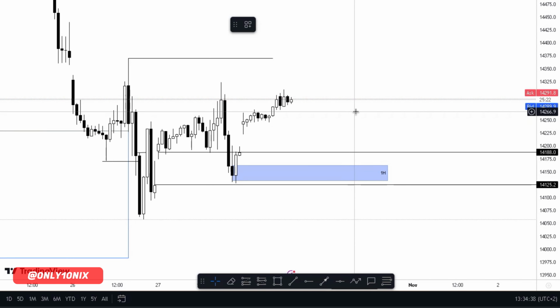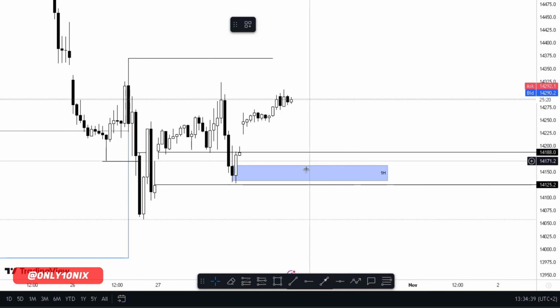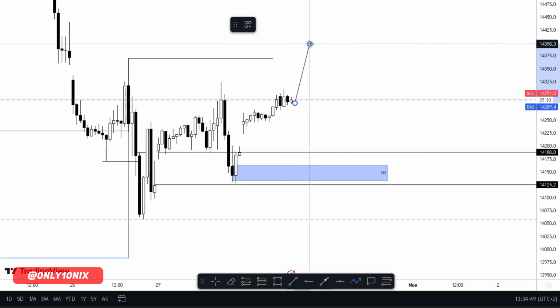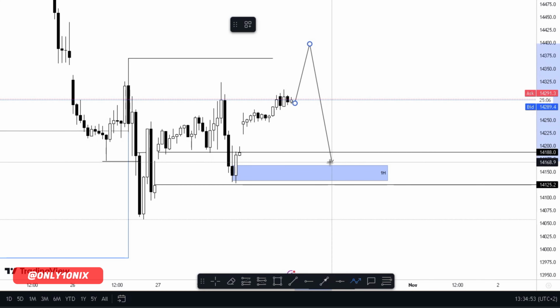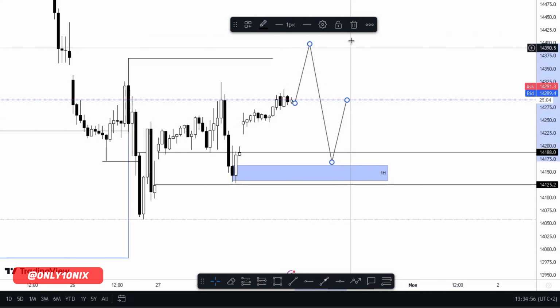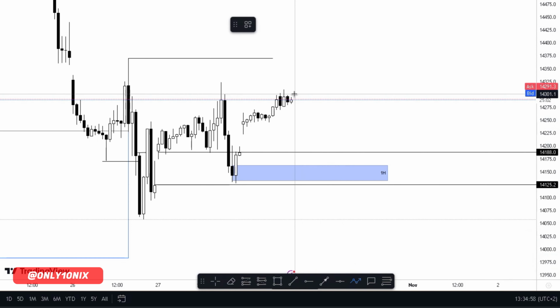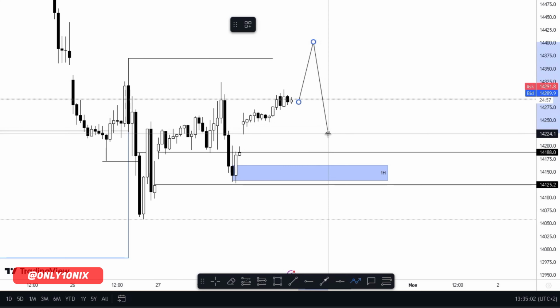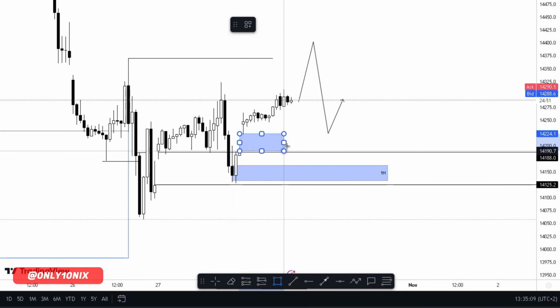But I wouldn't take it as of yet, because what I'm looking for is to see that the market breaks this high first, confirming that indeed we are in a bullish trend, and then possibly seeking this buy lower and moving, or we can still have the same momentum that breaks above and fills in this fair value gap before I can start looking for longs.